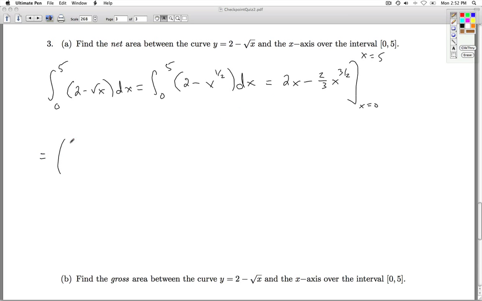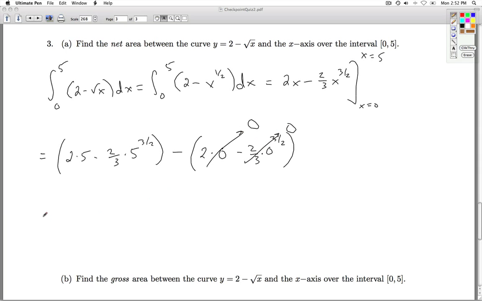I toss in x equals 5. 2 times 5 minus 2/3 times 5 to the 3/2, minus, toss in the 0, 2 times 0 minus 2/3 times 0 to the 3/2 power. This adds up to a whole bunch of nothing.